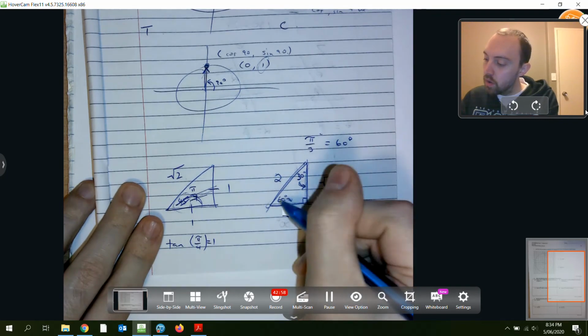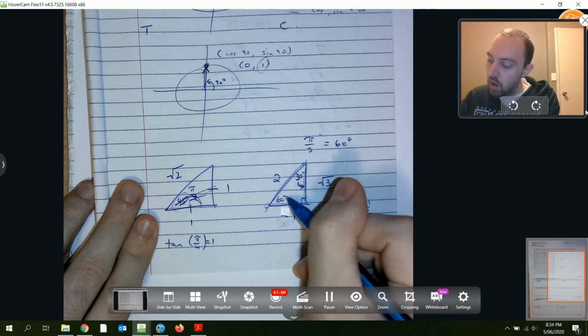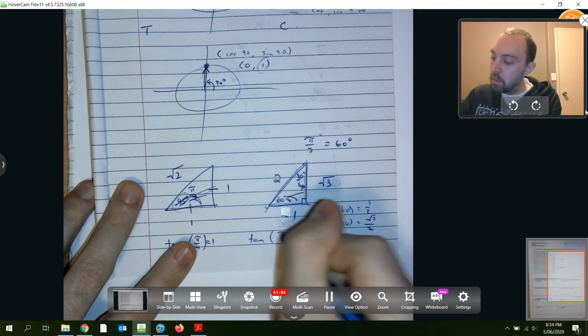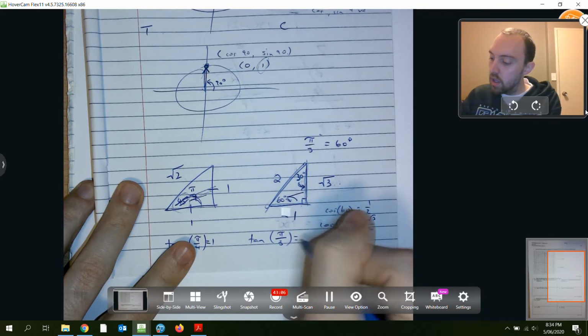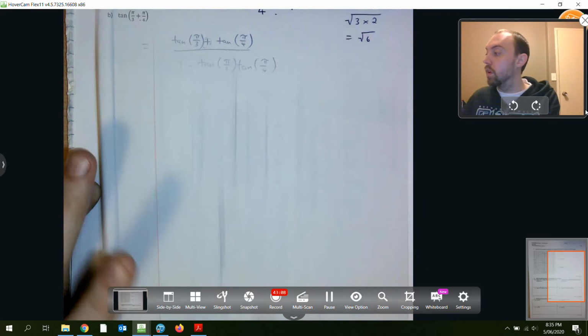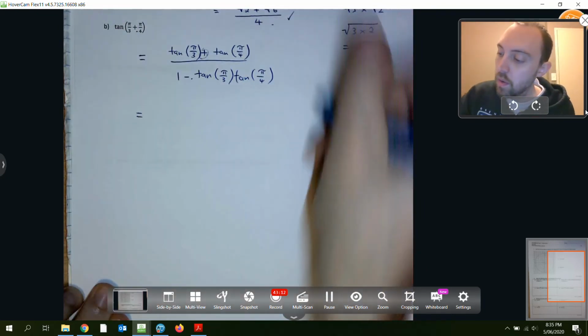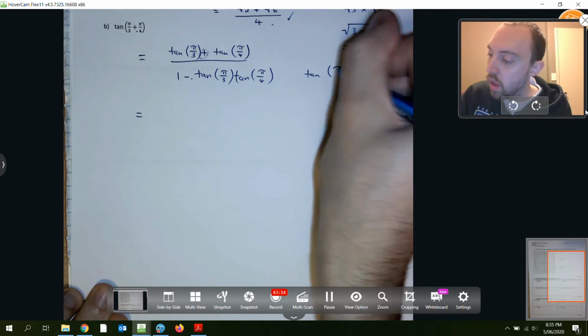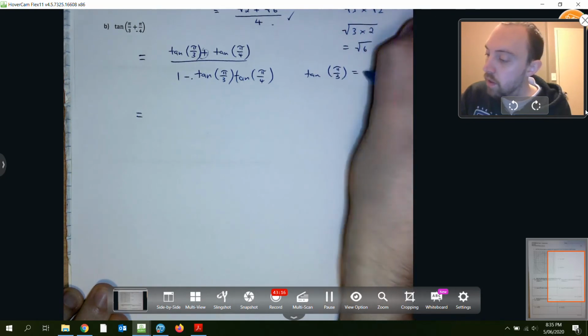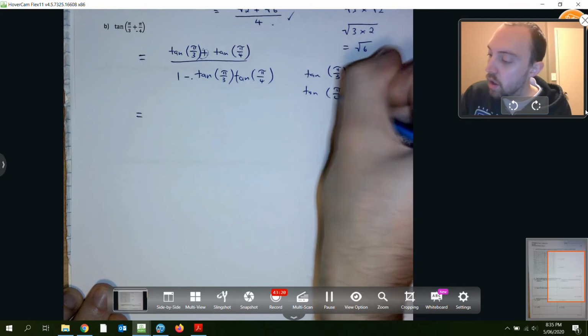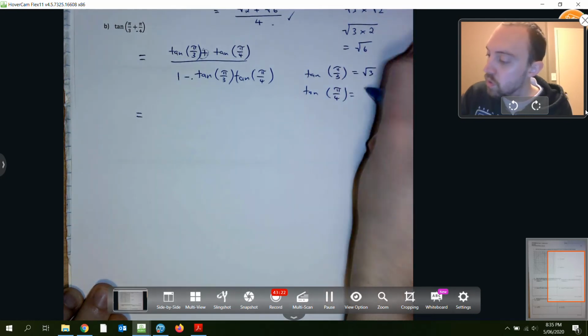Alright, so pi on 3 we're doing opposite over adjacent. Tan of pi on 3 is root 3. So you might prefer to have that on the side or on your sheet of notes.